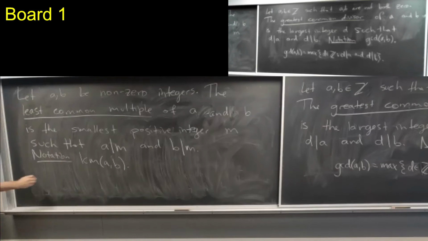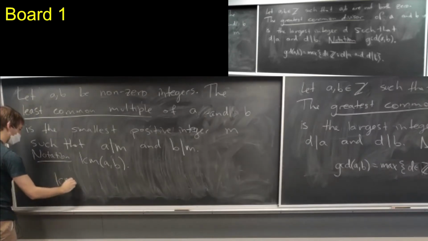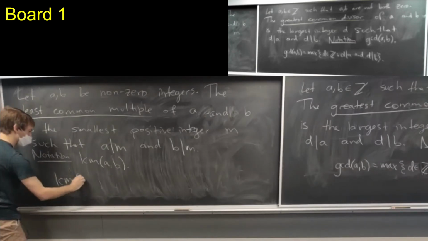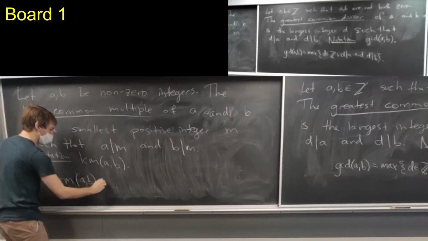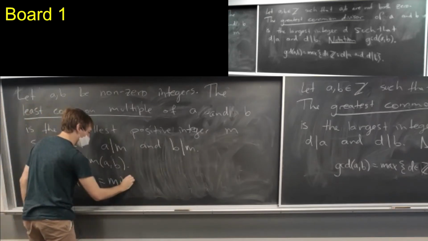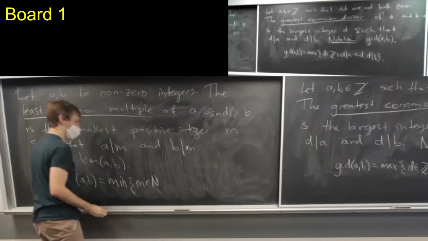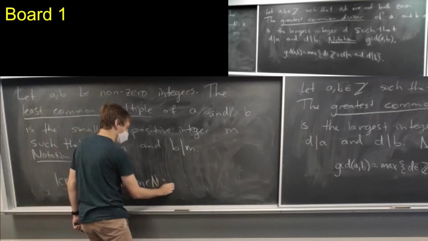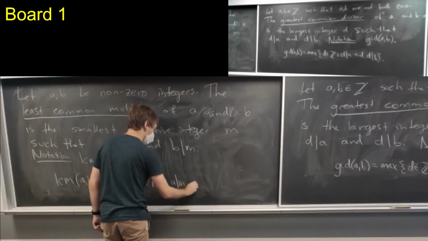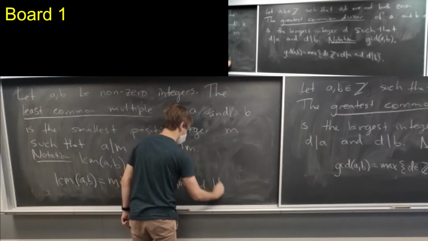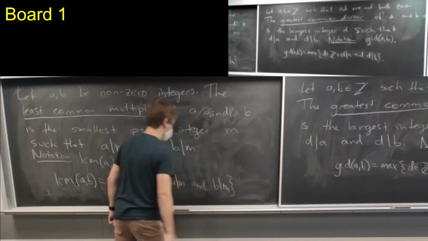Okay, so in other words, the LCM of A and B is the minimum positive integer m such that A divides m and B divides m.